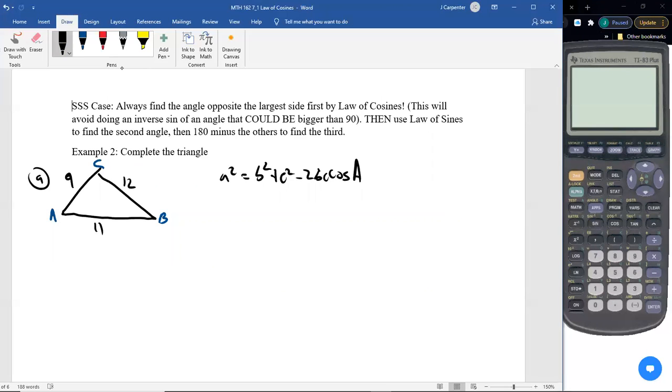Plug in the numbers and we get a squared, that's the 12, equals b squared, which is the 9, plus the c squared, which is the 11, minus 2 times 9 times 11 times the cosine of angle A, which we don't know.